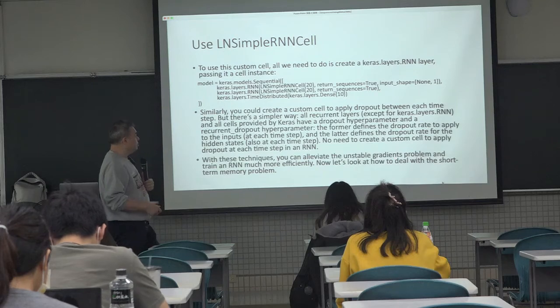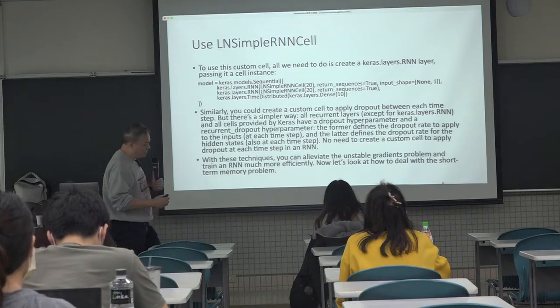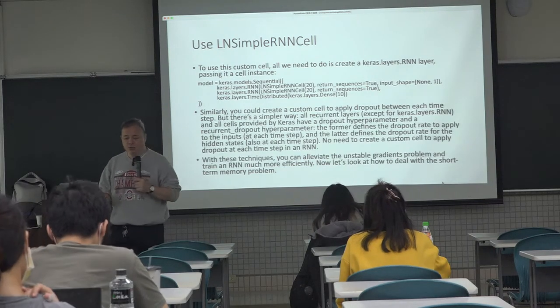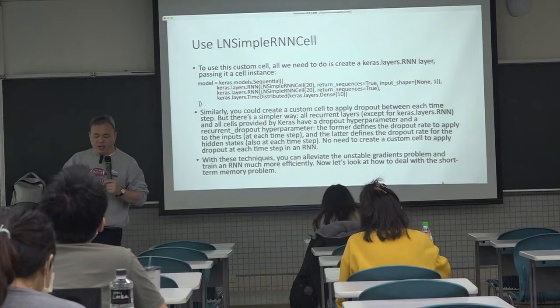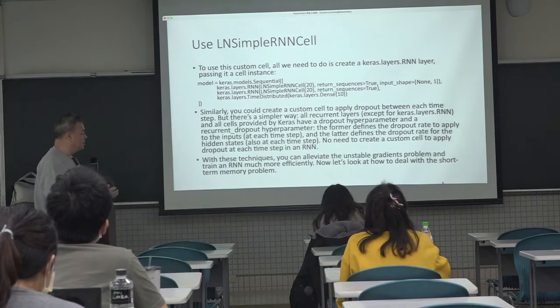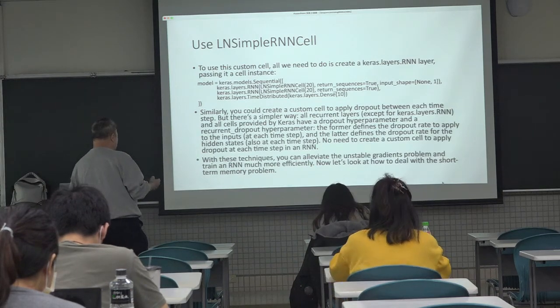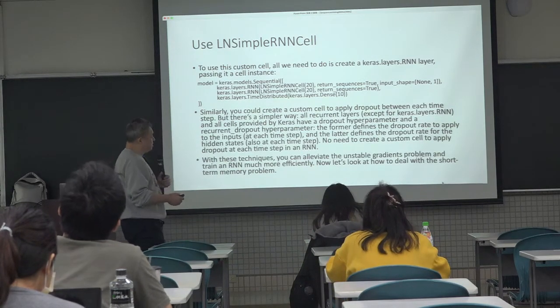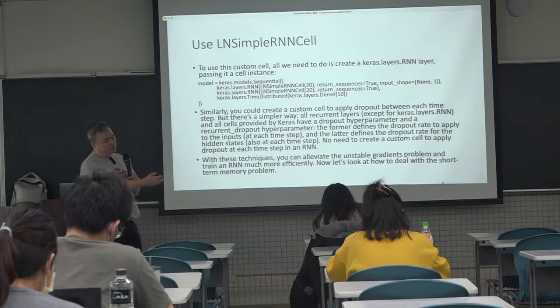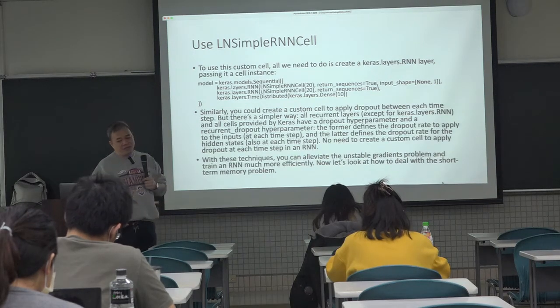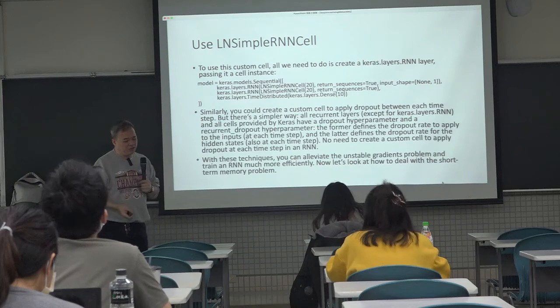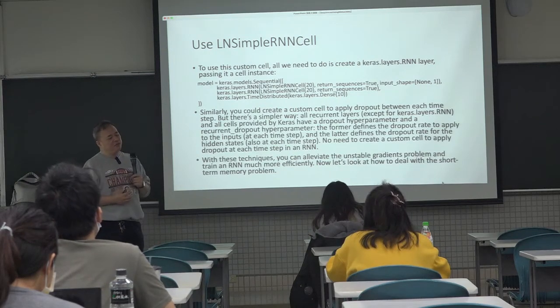So we have sort of handled one of the two problems now, right? Of course, for the unstable gradient problem, you have more solutions than these. Last lecture we also talked about gradient clipping.